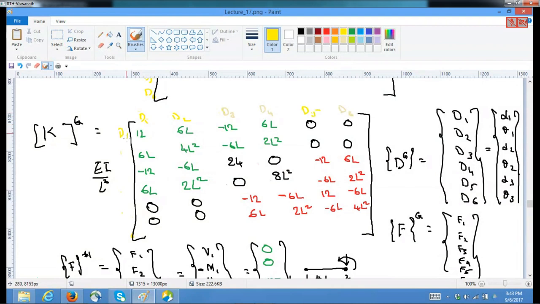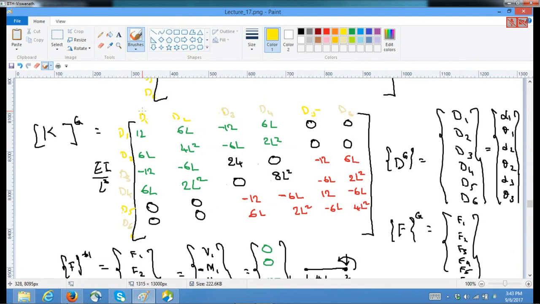Similarly, D1, D2, D5, and D3, D4, D6. Now I'll try to strike off all the things which are known.